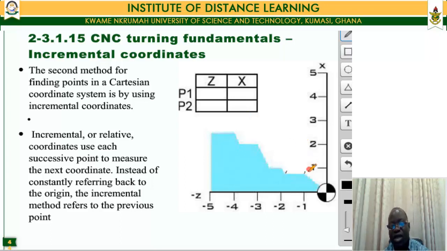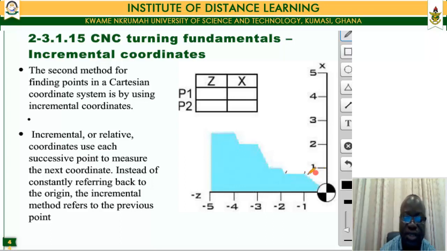Now, if this is 0, then the z is going to be a minus 1, and then the x is going to be a half.